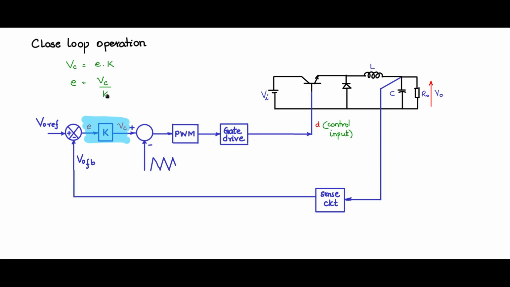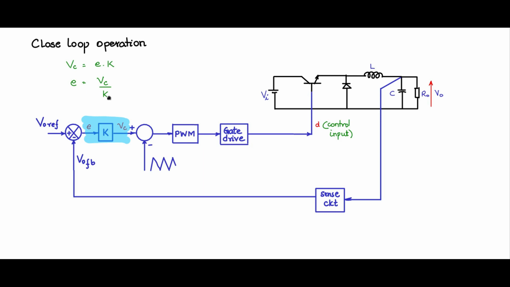Now if you take the case where VC is 0, which means you are grounding this portion, and making VC always permanently 0, then there is no closed loop. It becomes an open loop system. So it cannot be that. VC has to be allowed to vary and K made infinite.